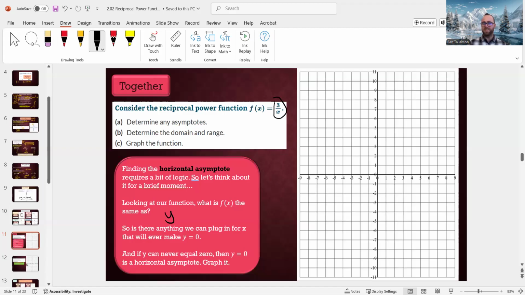No, because the numerator would have to be 0, and that's not going to happen ever, or we would not have a reciprocal power function, right? Like we said before. So if y can never be equal to 0, then isn't that your horizontal asymptote? Yes, sir. Yes, ma'am. Go ahead and graph it.